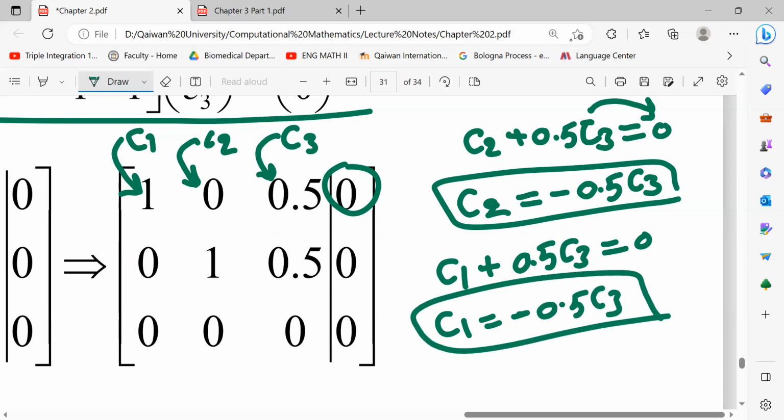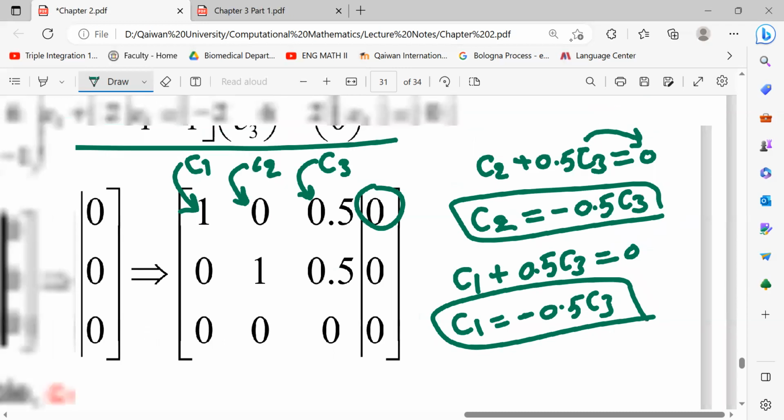Even here, C1 and C3 are not 0. That means C1, C2, and C3 are not 0. So we have at least one of those constants which is not 0. Let's say C3 is not 0.